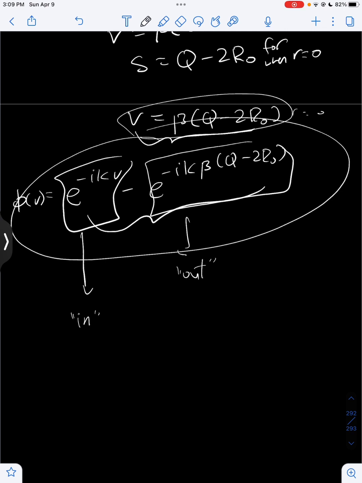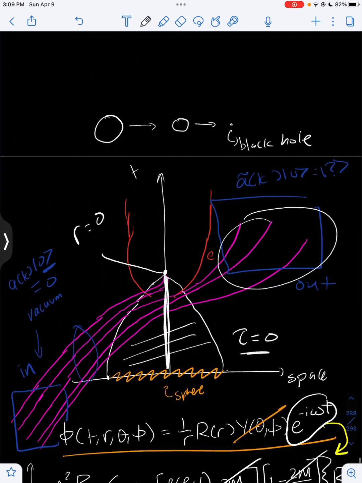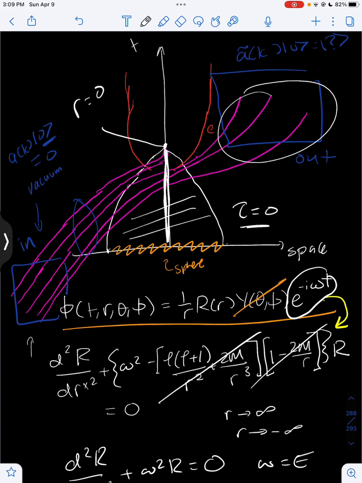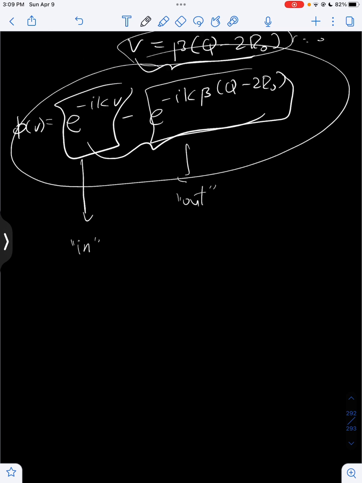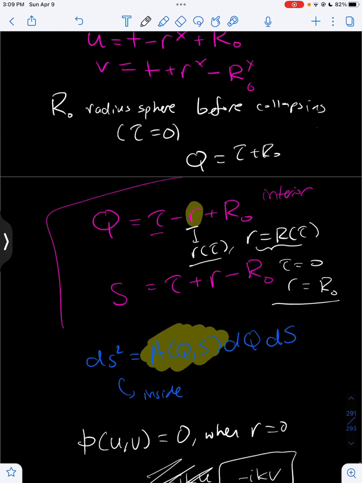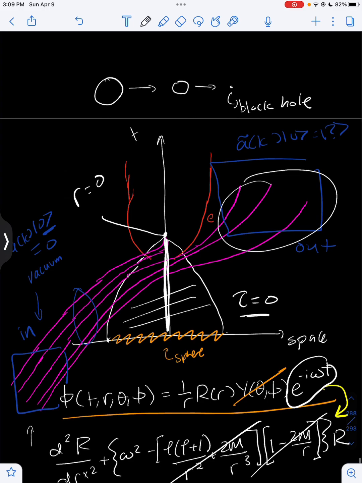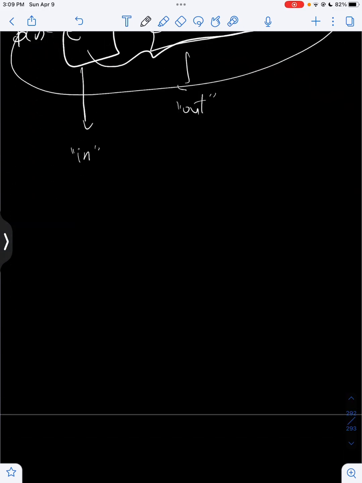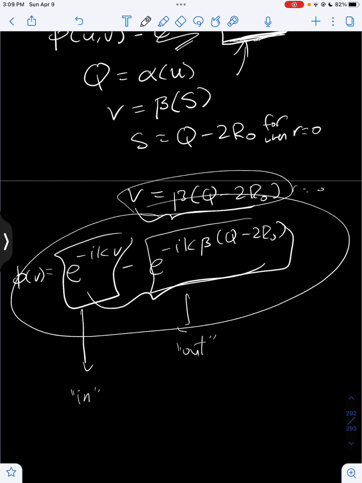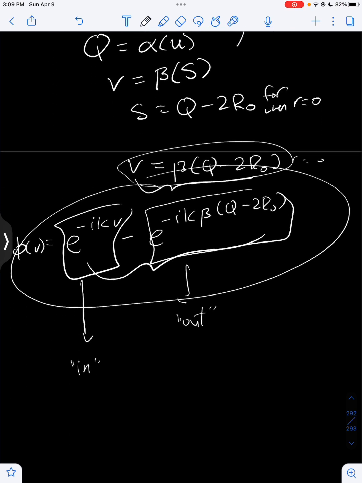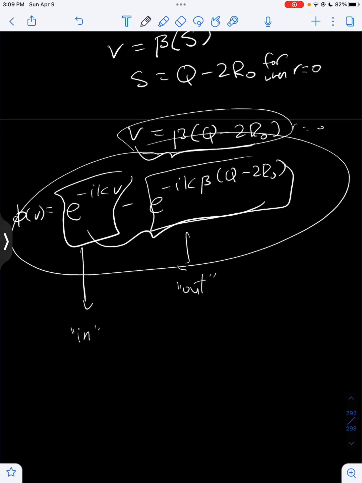I guess it makes sense if you think of it like this: the left-hand term, e to the minus ikv, is supposed to represent the field before it hits the collapsing ball. And then the complicated beta term represents the field as it leaves the ball. Again, I don't think that's a satisfactory statement. I think there is more that should be done before making that statement, but let's just leave it as that for now.